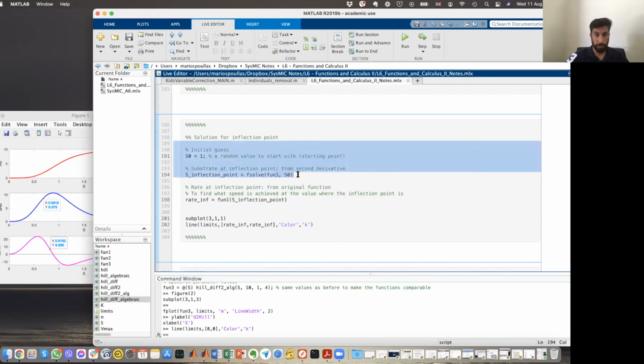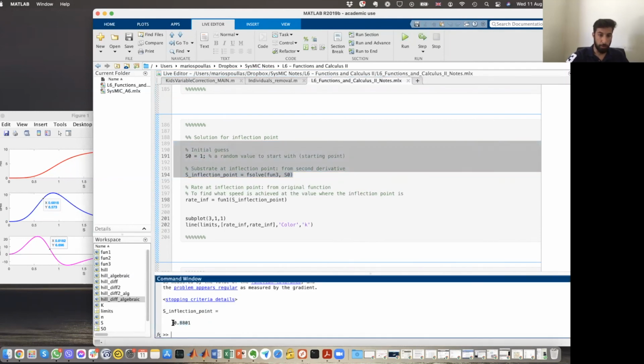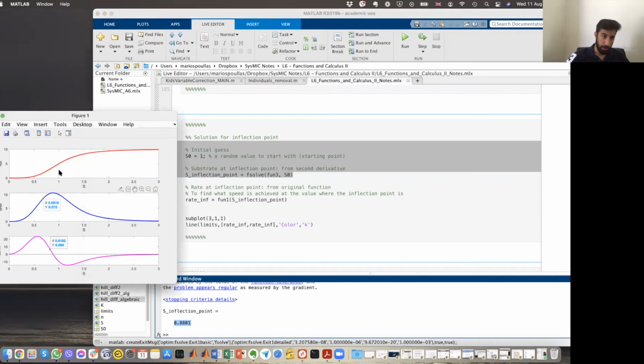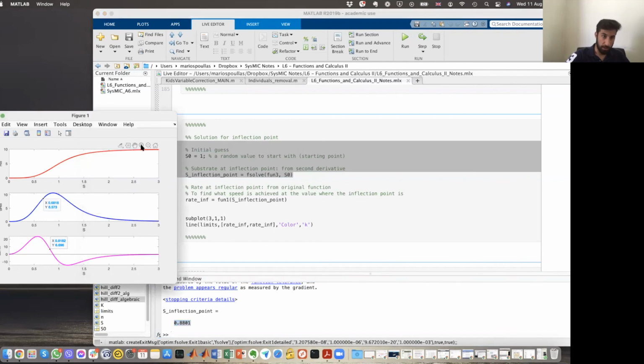Let me run this part of the code, and the number 0.8801 is where the inflection point occurs. And as you can see here, I'm not sure if I can magnify it.